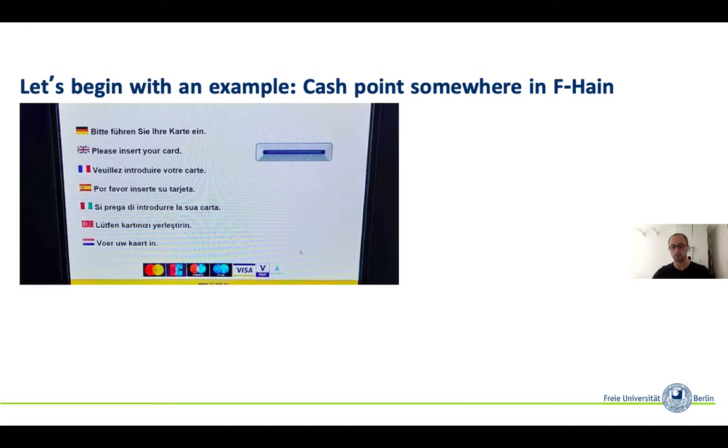You see there a short sentence saying that you should insert your card, and this piece of information is there in German, English, French, Spanish, Italian, Turkish, and Dutch.